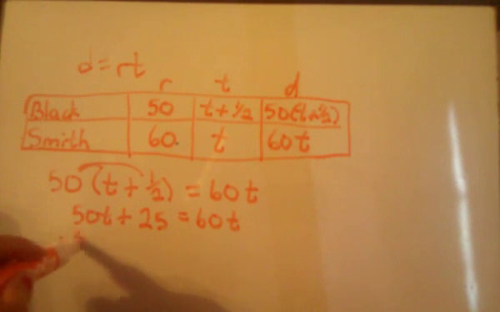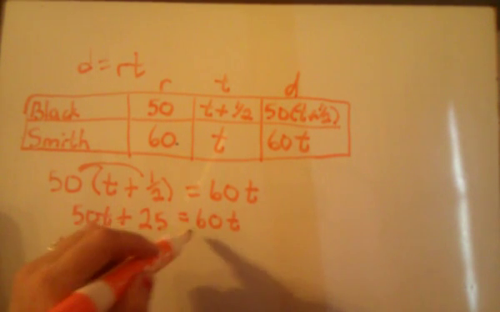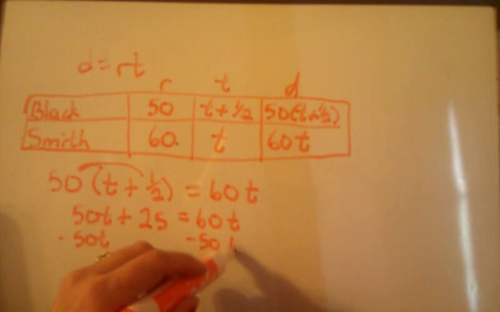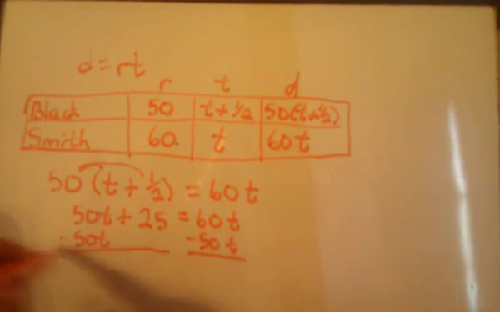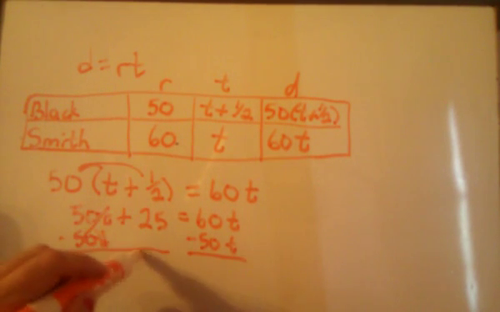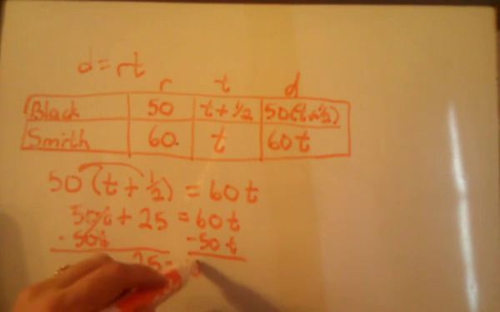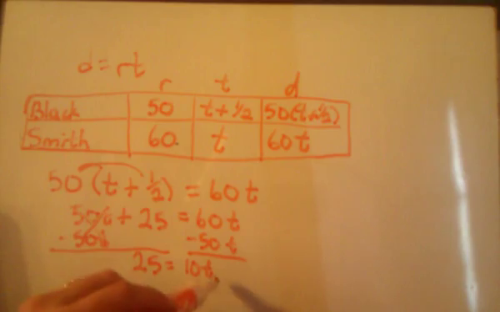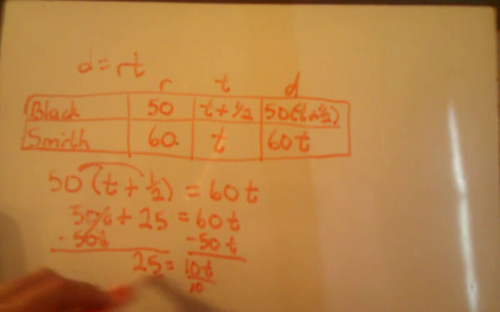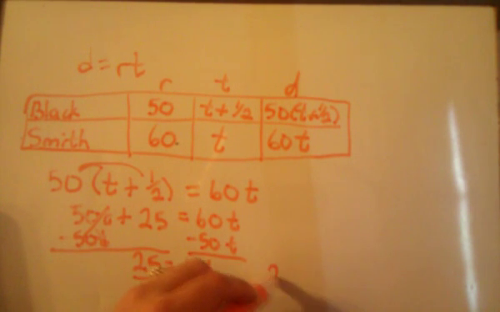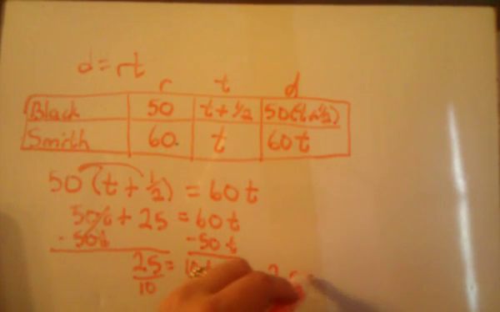So minus 50t, minus 50t. 25 equals 10t. So divide by 10. Okay, and I'm going to get 2.5 equals t.